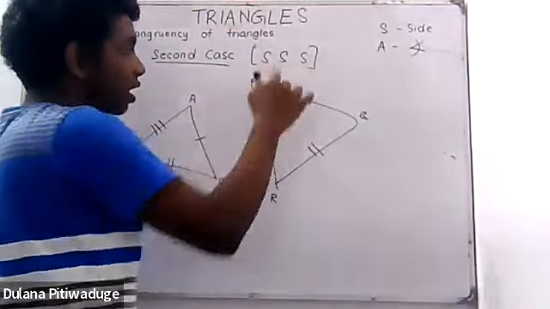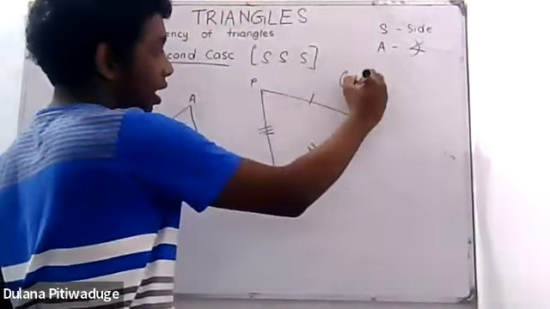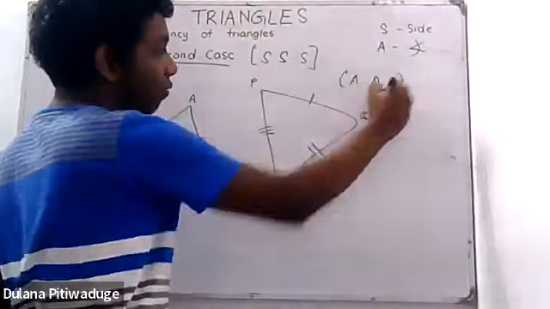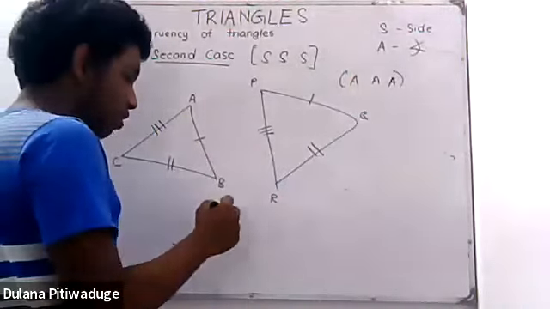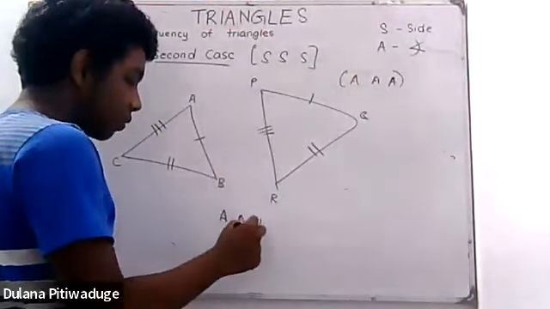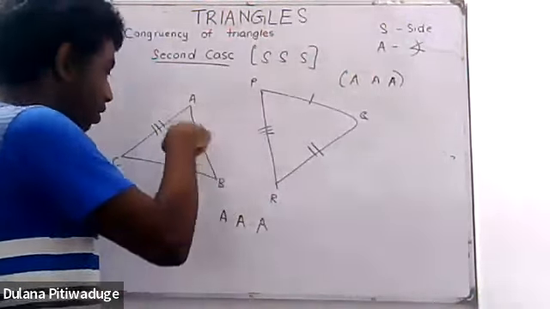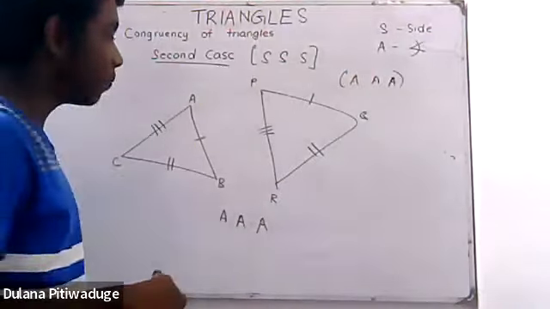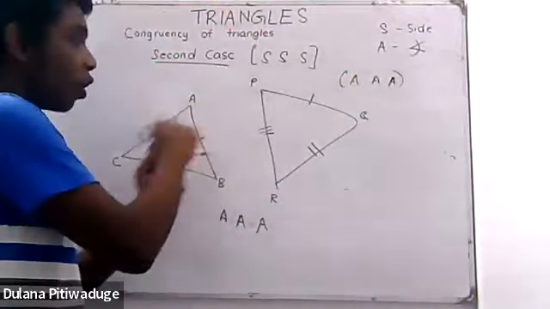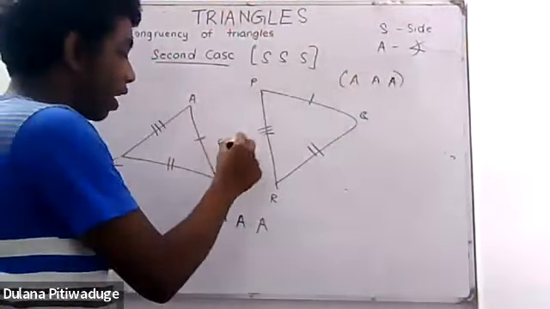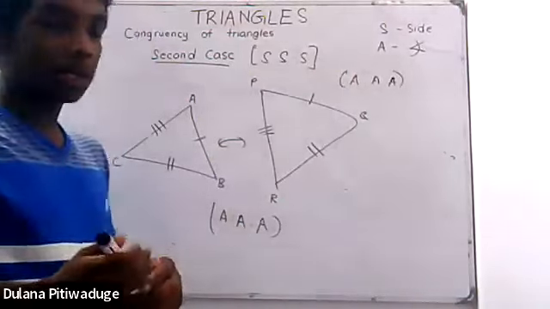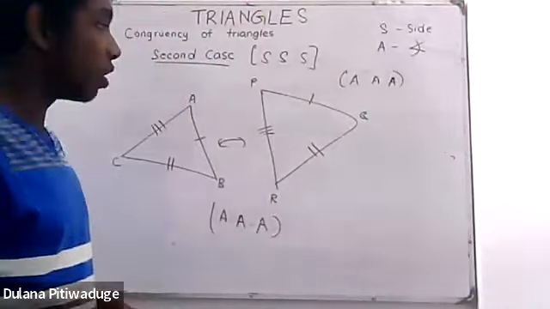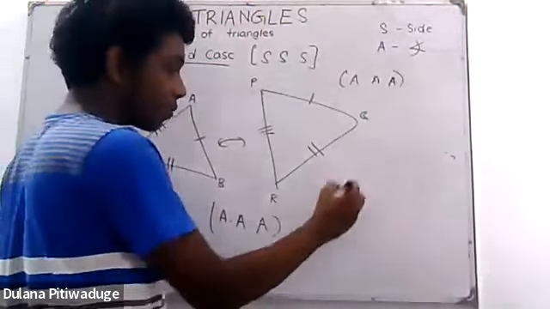Now, someone might think if it's AAA, if the three angles are equal, won't the triangles be congruent? No. If the corresponding angles are equal between the two triangles, then the triangles won't be congruent, the triangles will be equivalent. Now, think of it like this.